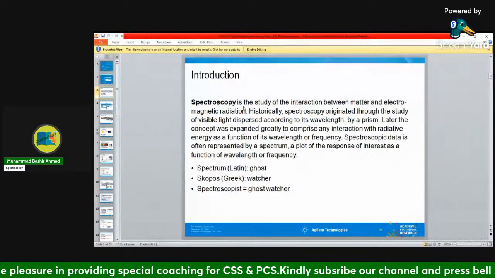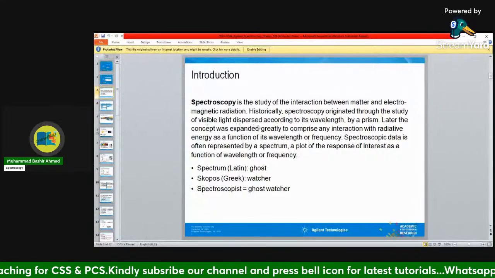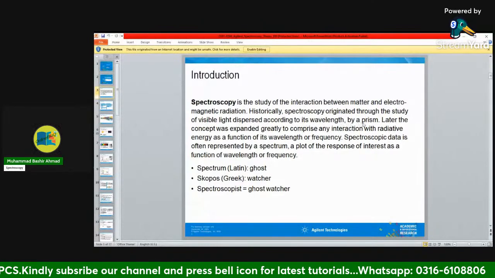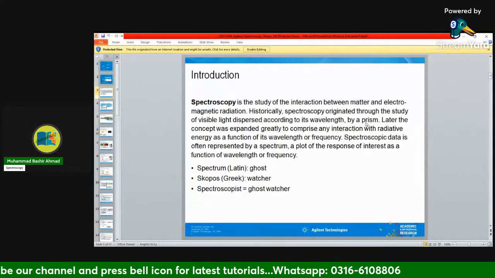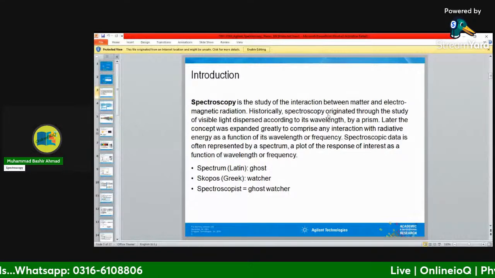Historically, spectroscopy originated through the study of visible light dispersed according to its wavelength by a prism. We will have a brief account of this in the continuing lecture.